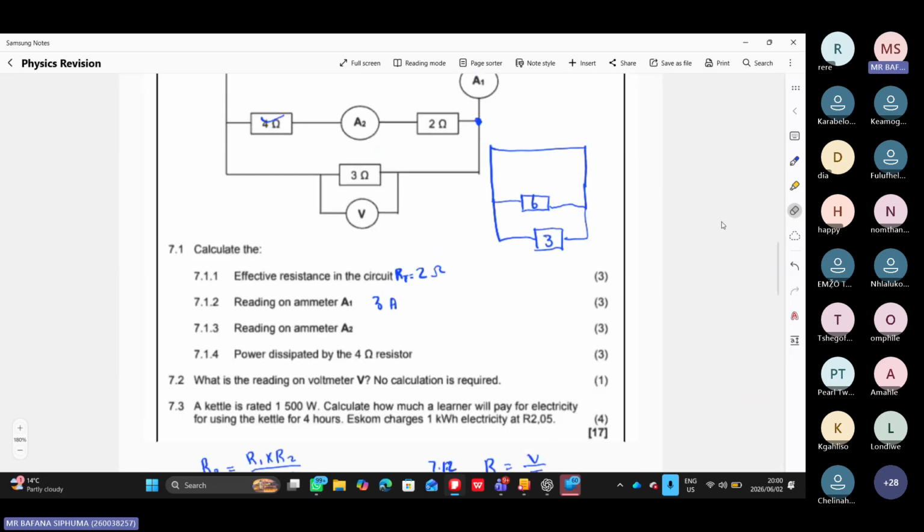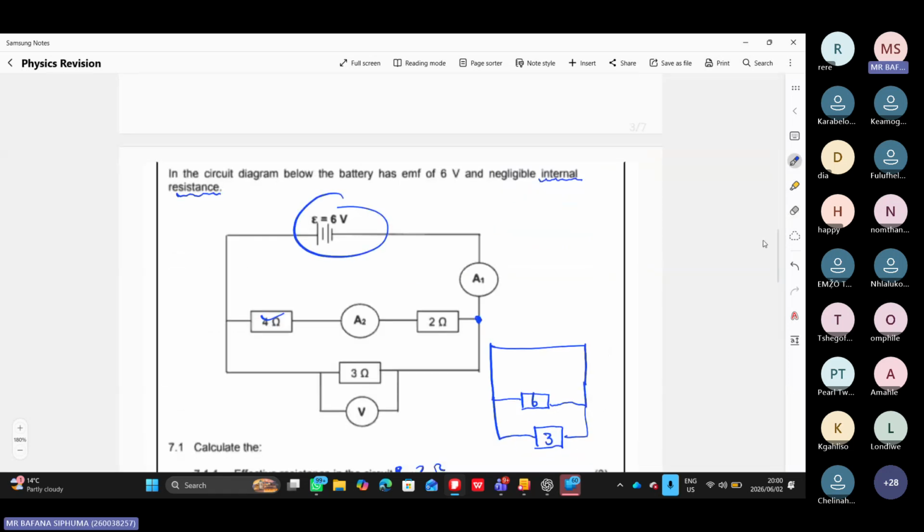I told you that as long as we're in a parallel circuit, your voltage will never ever change in parallel. Yes, in parallel, the voltage is the same. Let me emphasize this part.